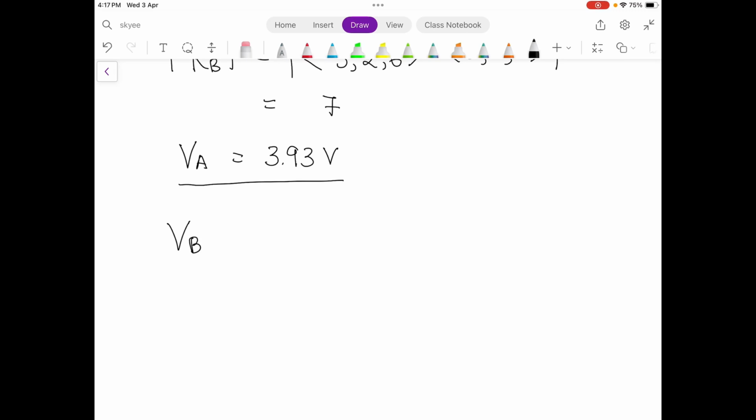So this is the VB. We still have the same charge, 5 nano.